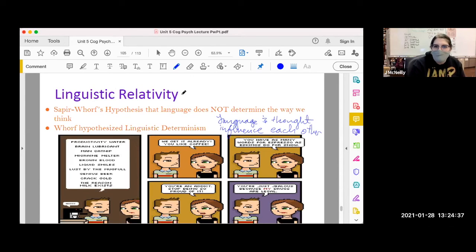Linguistic relativity is that our experiences are shaped by language, and our language is shaped by experiences. So cross out this not. Okay. The Sapir-Whorf hypothesis believes that language determines the way we think. That's linguistic determinism. Language and thought influence each other. For instance, the most famous example of this is the Eskimos who live up north, right? They have allegedly 40 different words for snow.